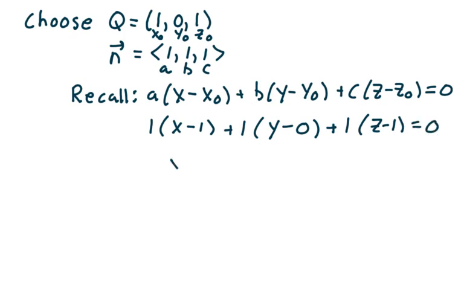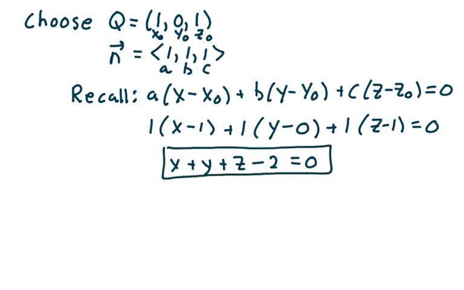And if we simplify, we get x + y + z - 2 = 0. And you can see I get exactly the same equation. And I claim if I choose R, I will get the same equation yet again. And that's how we do 31.